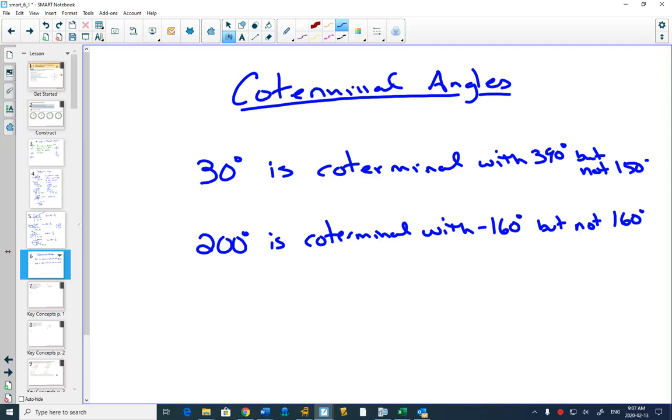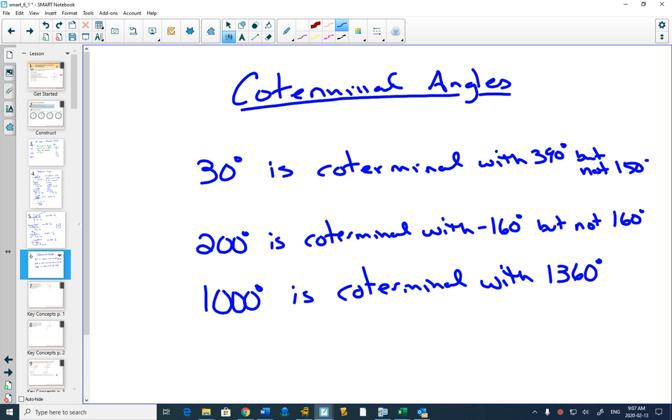And I'll give you two more. 1000 degrees is coterminal with 1360 degrees. Oh, and I'll give you an example that's not helpful.